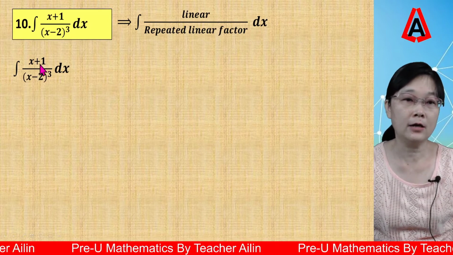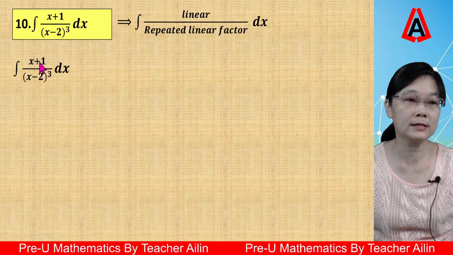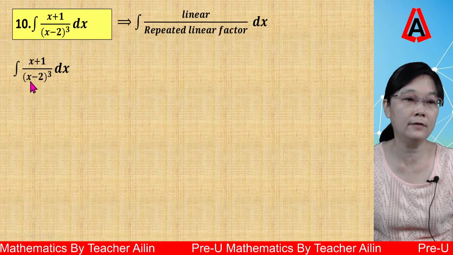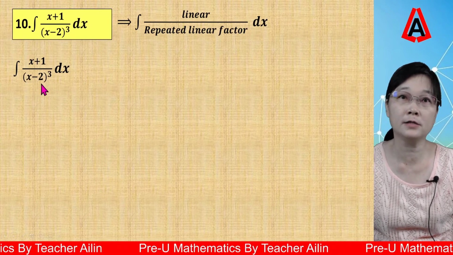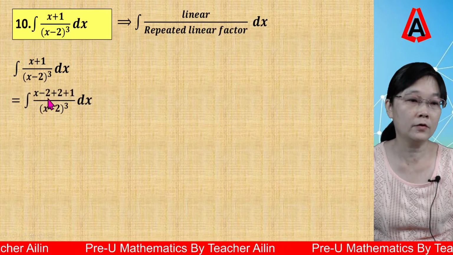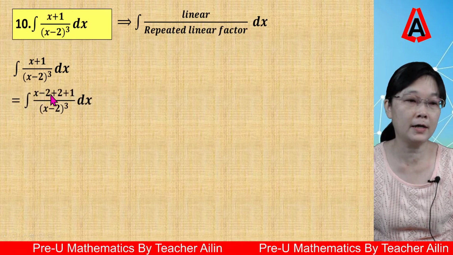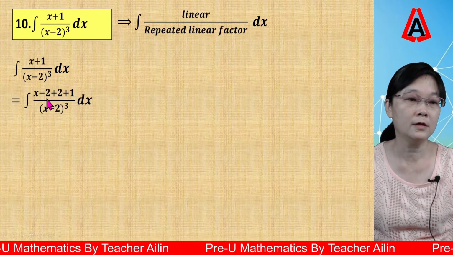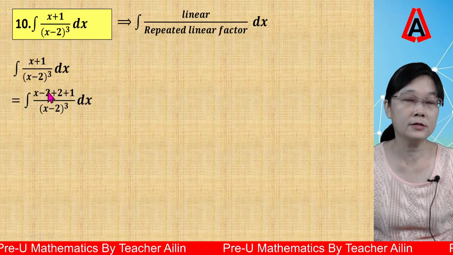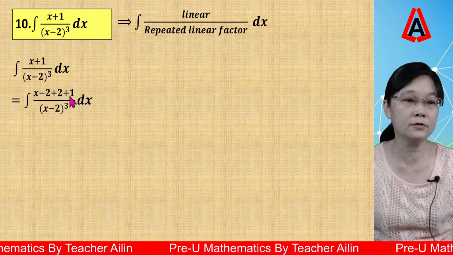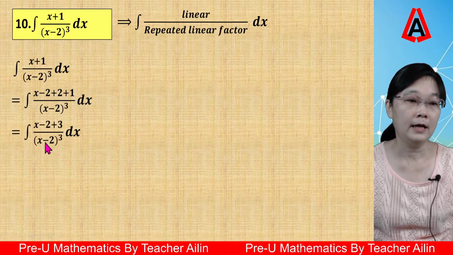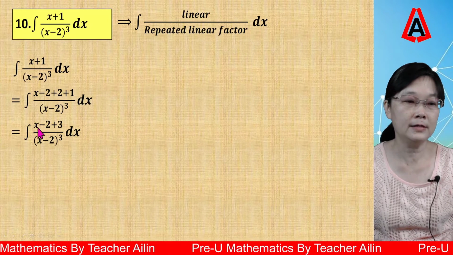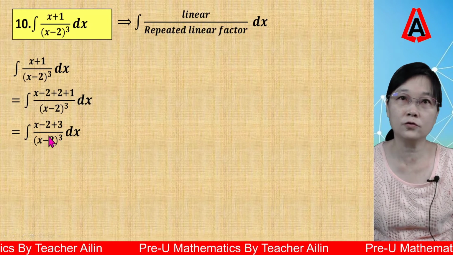Notice that now the numerator is x plus 1 and the linear factor is x minus 2. So now I'm going to insert minus 2 and plus 2. Now I get x minus 2 here, and 2 plus 2 becomes 3. And I'm going to separate this rational function into two parts.